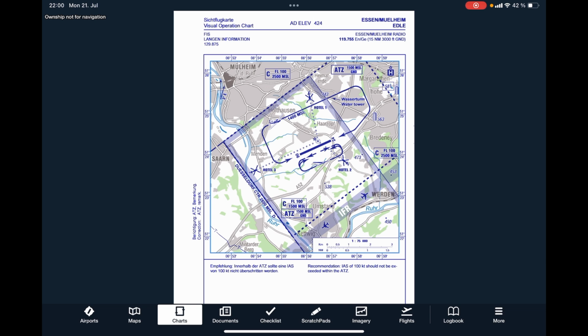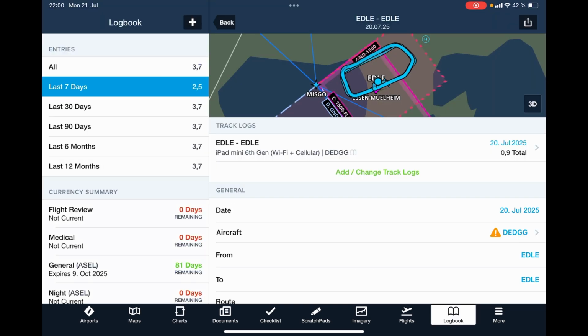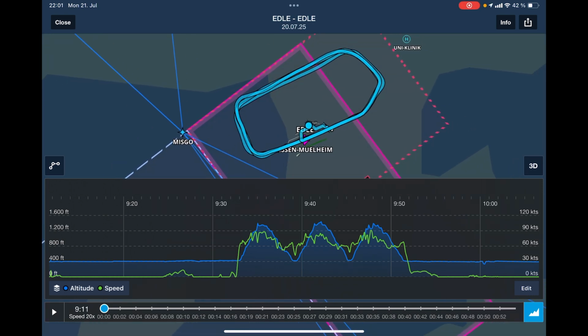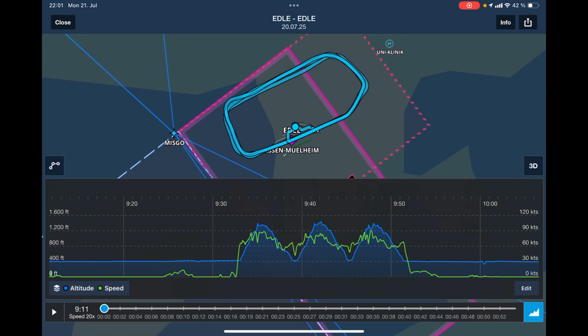Now I'm gonna go to my logbook and have a look at the last lesson I flew. I think this is the level of data that is collected, especially in terms of a debrief. It is extremely valuable because just through the slider, I could see at what time I was in the air, what was my speed at each point and each leg of the traffic pattern, and I could also see my altitude as well.